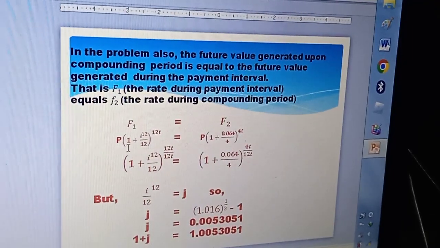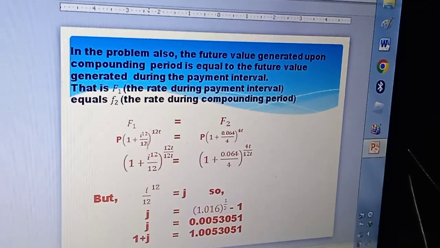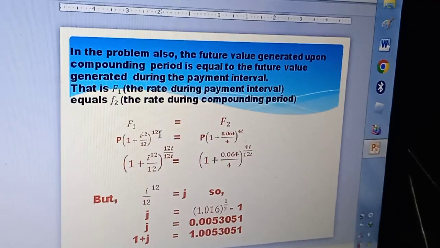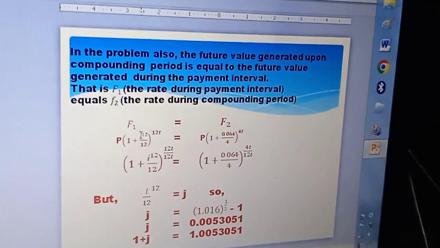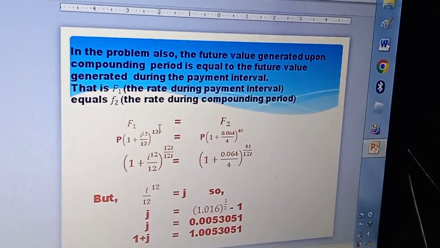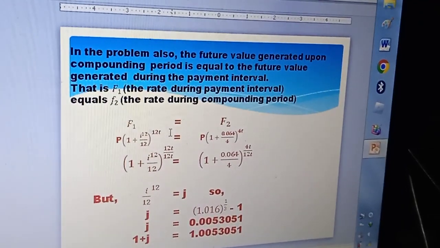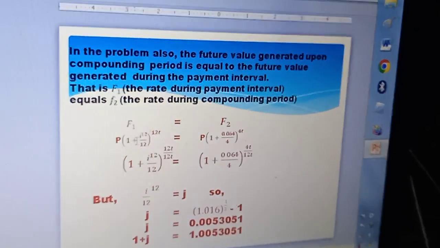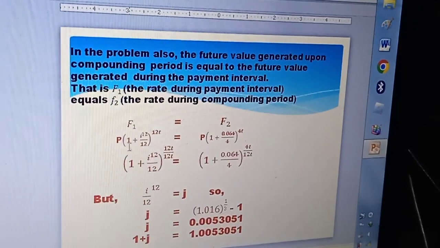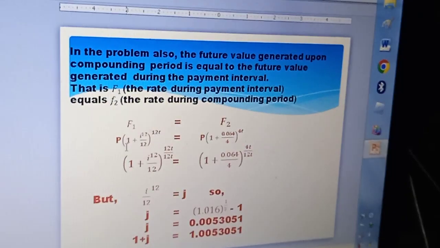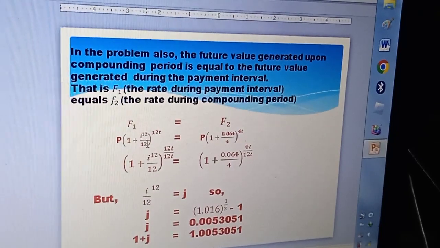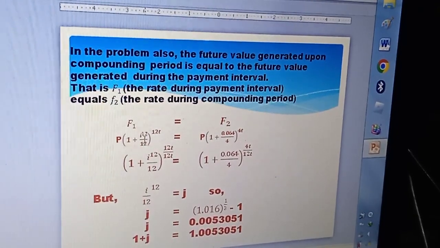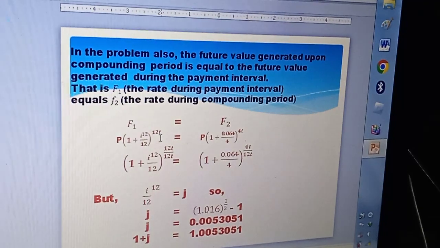So the future value is P times (1 plus j or i^(m) over m) raised to mt. That is the future value of the compound interest rate. We will use that in the conversion. So since it is a monthly future value for monthly payment, we have (1 plus i^(12) over 12) raised to 12t.